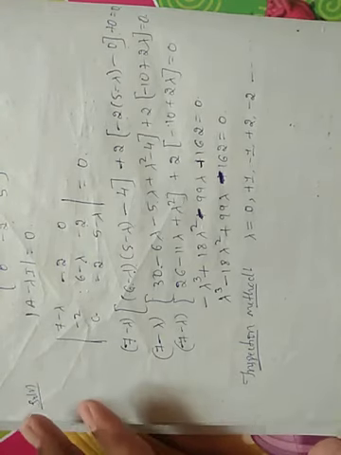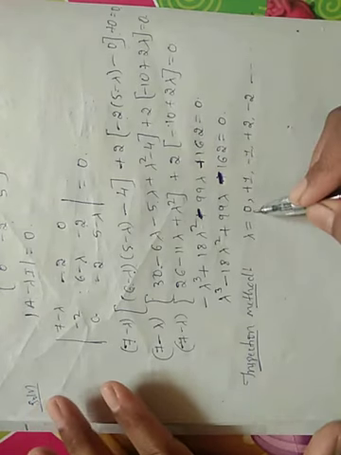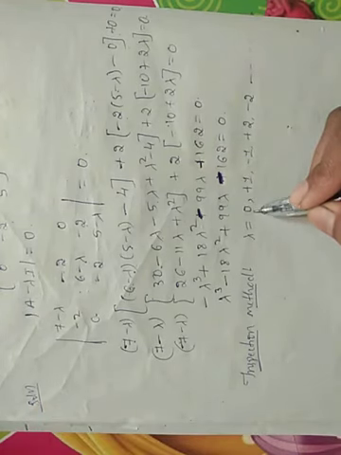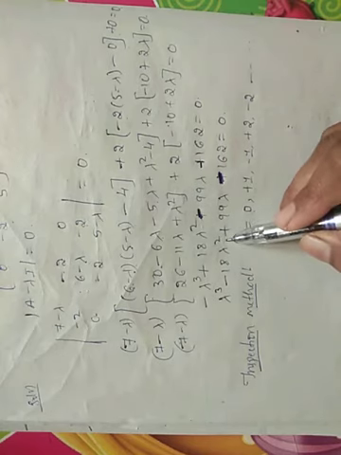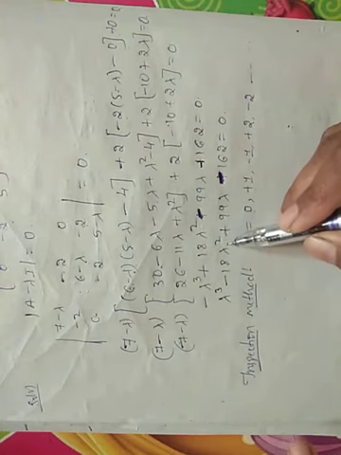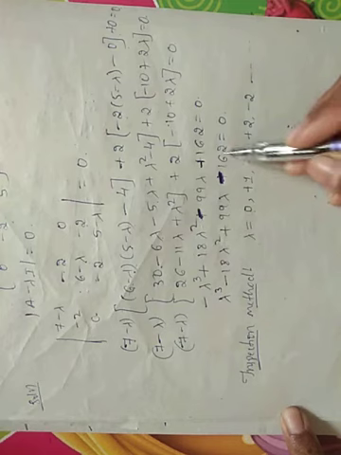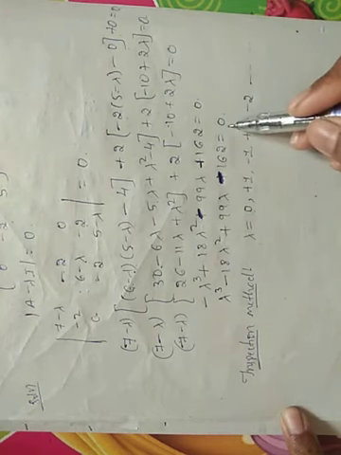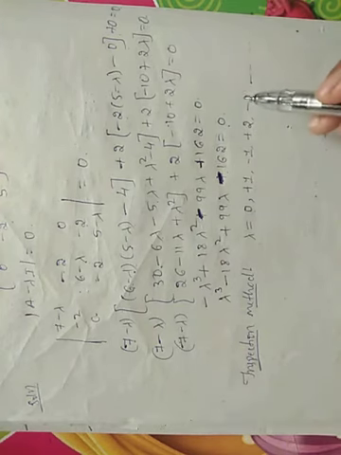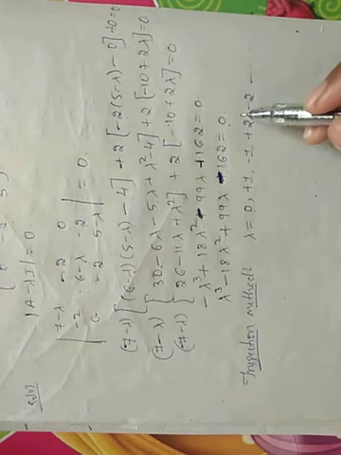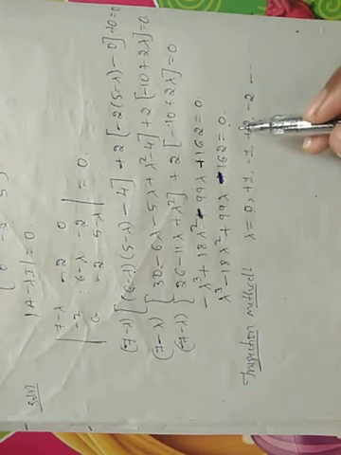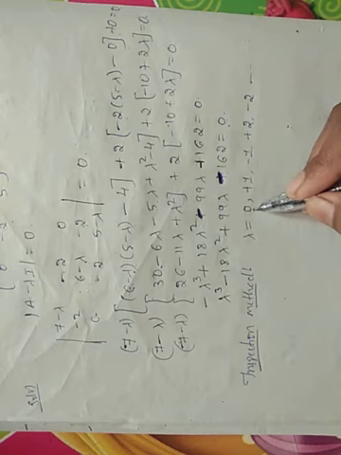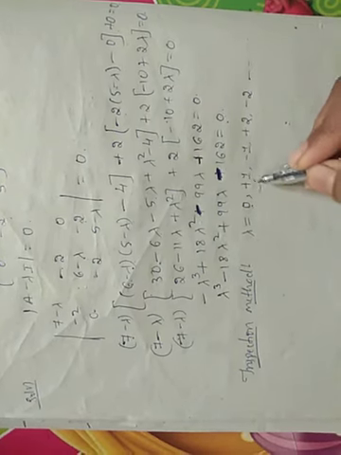We start by assuming 0 first. First we put lambda equal to 0 in the LHS. If you put lambda equal to 0 and the entire equation becomes 0, meaning LHS equals RHS, then we consider lambda equal to 0 is the root. Suppose it is not equal to 0, then move to plus 1.